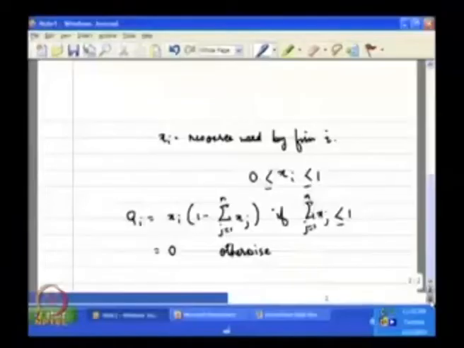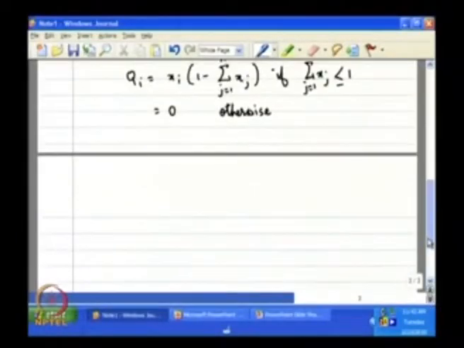So here, if I have to see this as a strategic game, then I have to specify these 3 components. Here the players are the firms, n in number.